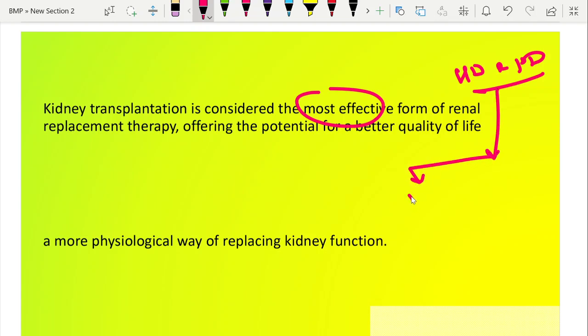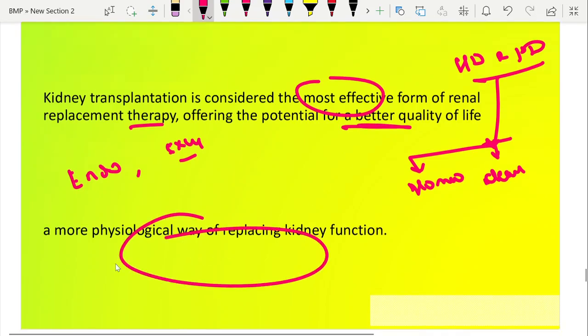They will replace the homeostasis function and somewhat the excretory, clearance function, but not the endocrine function. So kidney transplant is considered the most effective form of RRT because it replaces endocrine, excretory, and homeostasis, everything it handles. So better quality of life will be there, a more physiological way of replacing the kidney function.